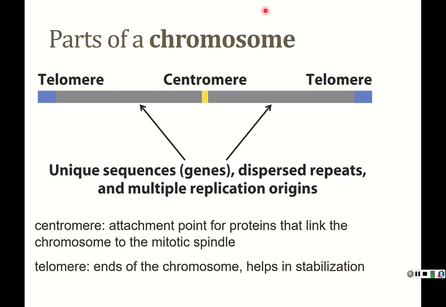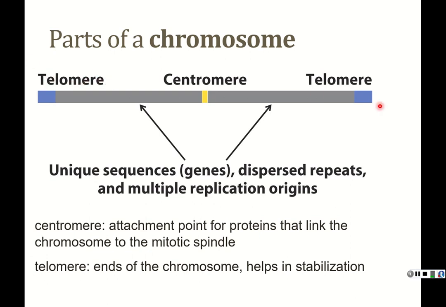So if we look at the parts of a chromosome, laid out linearly here, the end caps and the center are special structural regions. The ends are what we refer to as telomeres, or telomeres, depending on how you pronounce it.